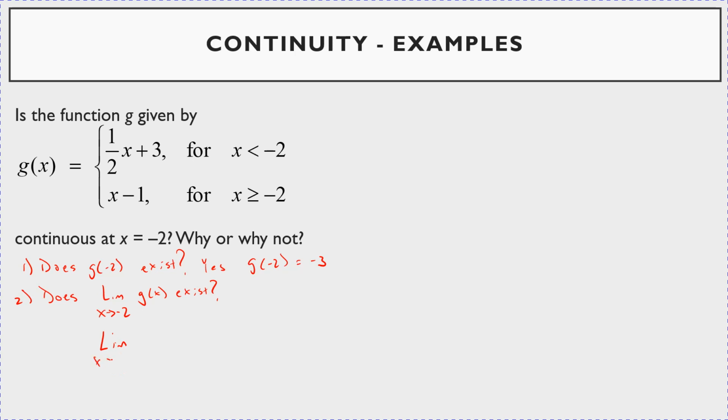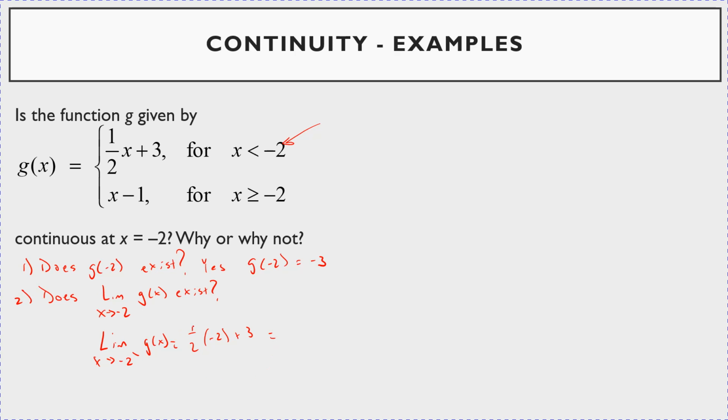The limit as x goes to -2 from below of g of x: for that, you use this equation right here. You take -2 and plug it into this equation, so you get 1/2 times -2 plus 3.